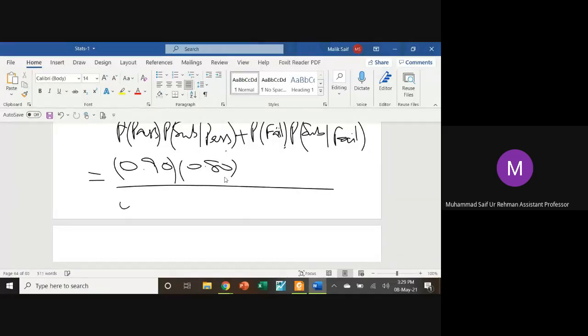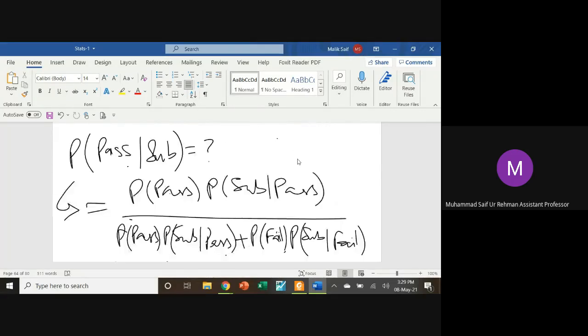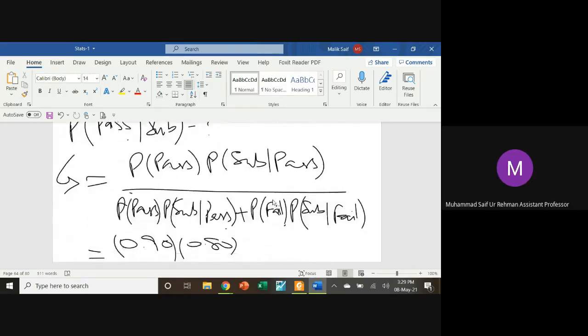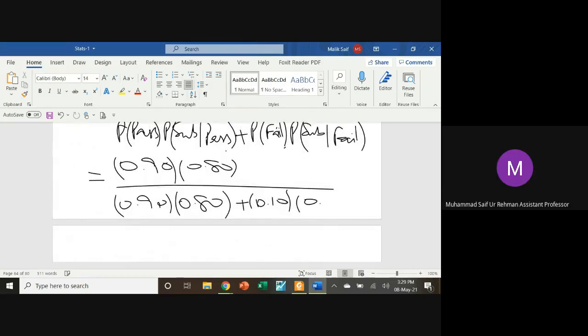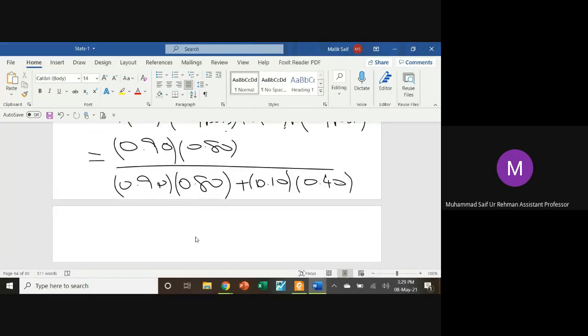Repeat this term, 0.90 multiplied by 0.80, and plus fail. So fail 10%, and summation given fail, 40%, 0.40. So multiply these terms and have the answer. See what is the answer.